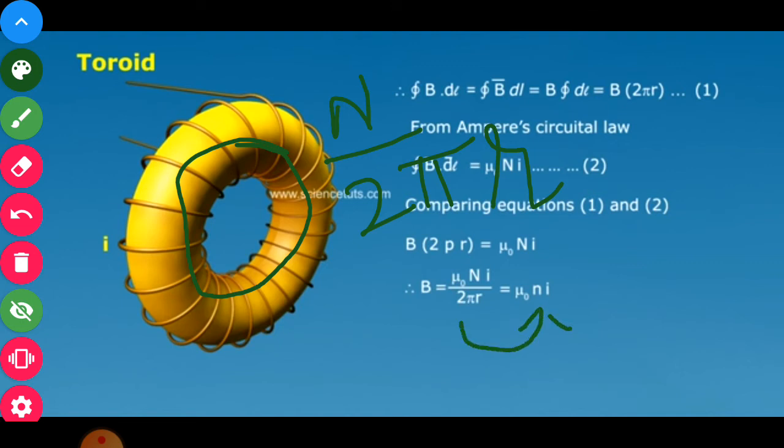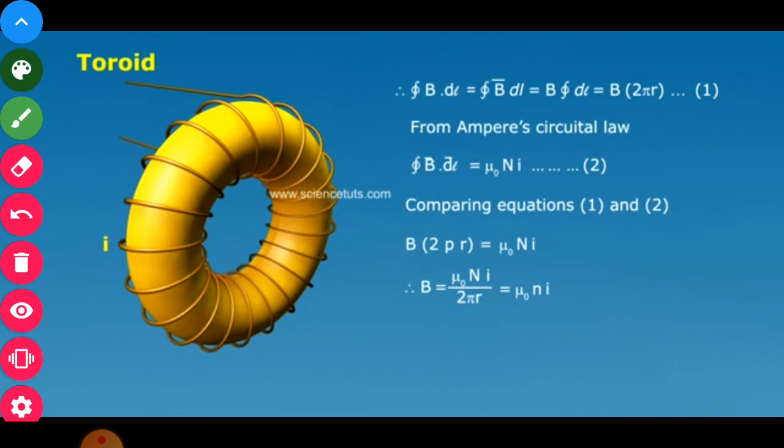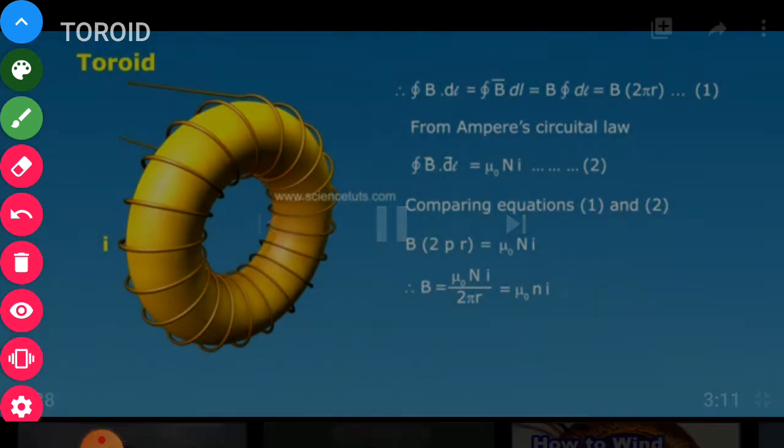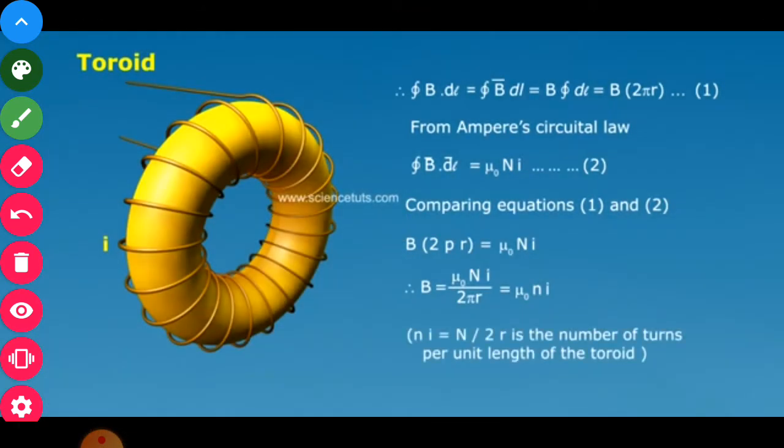So we can write mu 0 small n I, where small n is nothing but number of turns per unit length, which is N upon 2 pi r. So you can see this formula here.